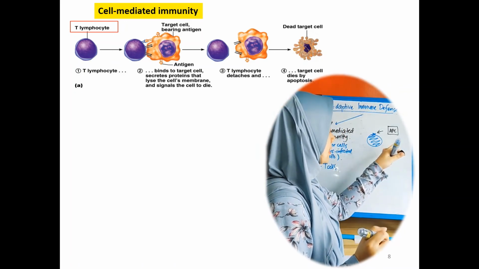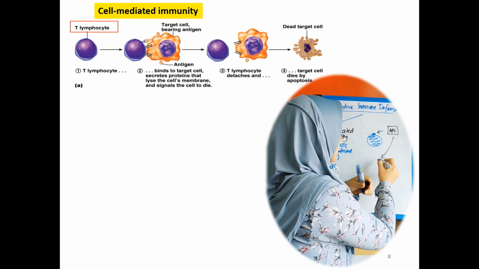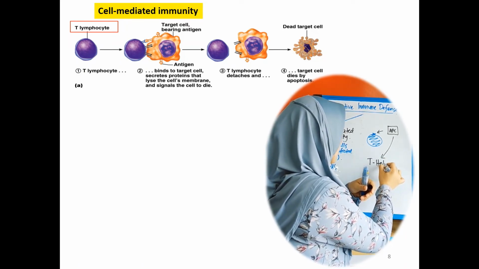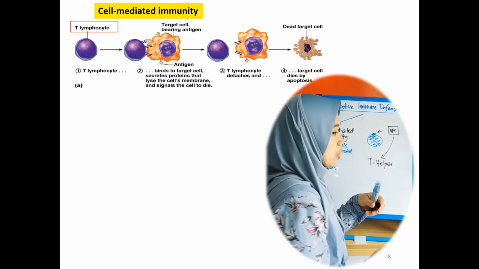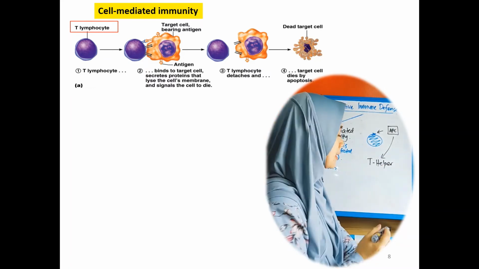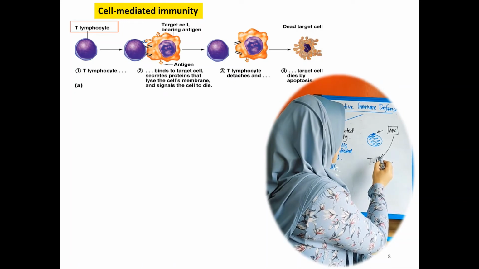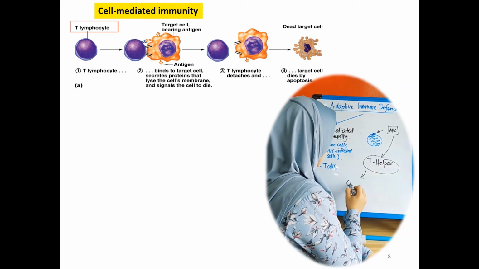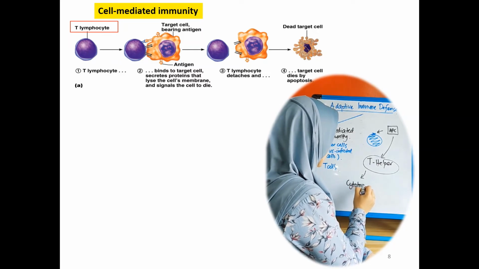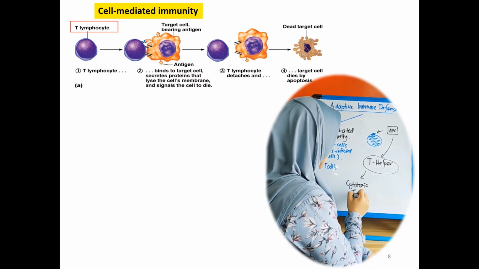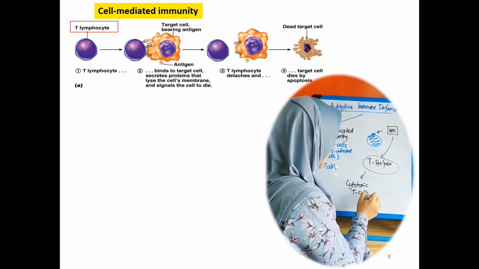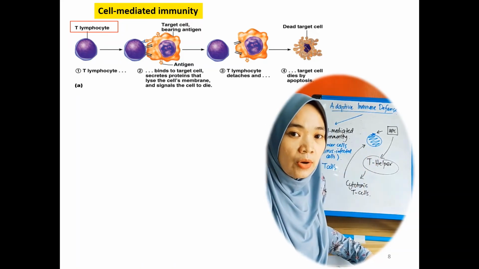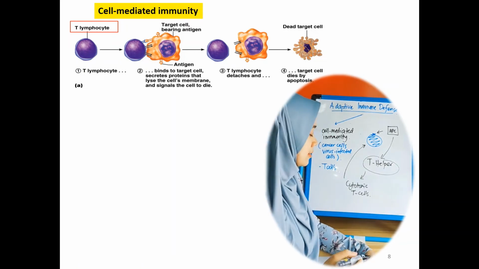So the APC will tell the T helper cell to activate cytotoxic T cells to kill this cancer or virus infected cell.